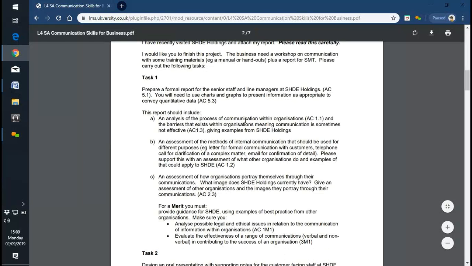The report should include an analysis of the communication within organisations and the barriers that exist, giving examples from SHDE. Once you've completed part A, send me some work in and let me have a look at it, and I'll give you some feedback.